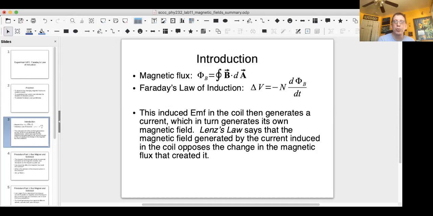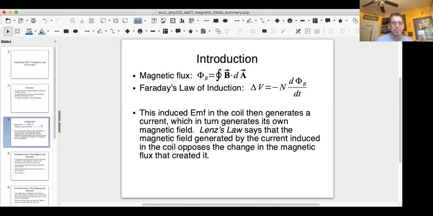We will talk about this in class a little bit: if the magnetic field is pointing into the coil of wire, and the magnetic flux due to that magnetic field is increasing, the induced current in the coil of wire is going to create a magnetic field that points out. And so that's the basic idea behind Lenz's law.